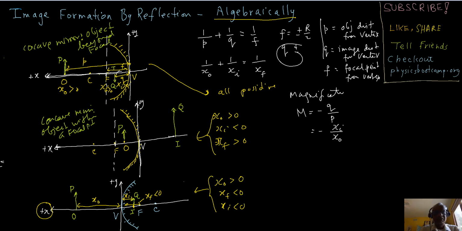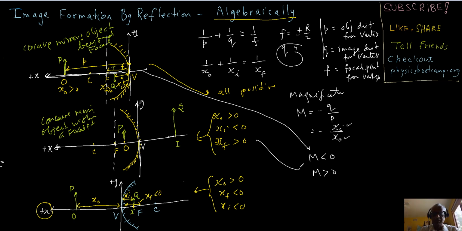So if here it's inverted, m should become negative, and because both are positive, m is less than 0. In this case, this and this together become positive, so m becomes positive, and in this case also m becomes positive.